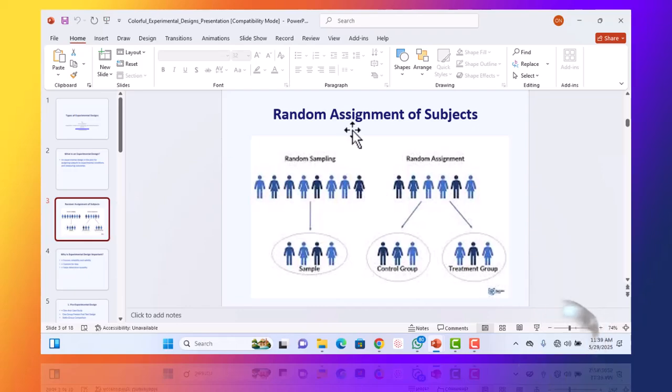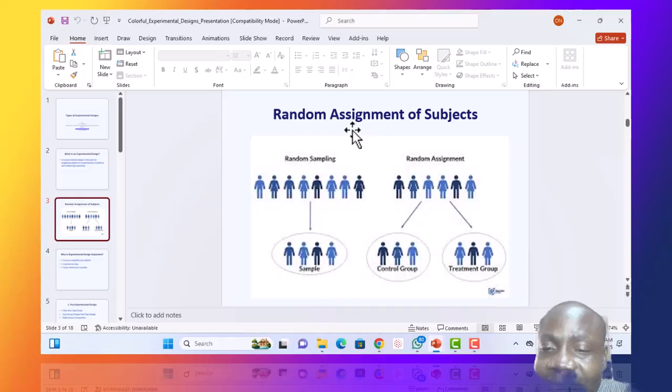You can see the image here. We have the sample that is already taken. Now, from that sample, we will randomly assign the individuals to the treatment and control group. This is from the population where we have many people. We selected a sample, and from the sample selected, the individuals were randomly assigned to the treatment group.